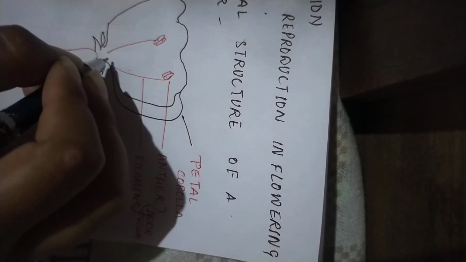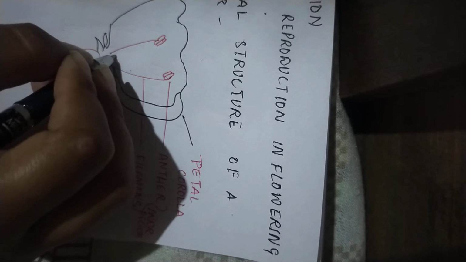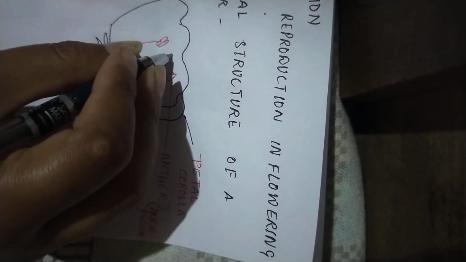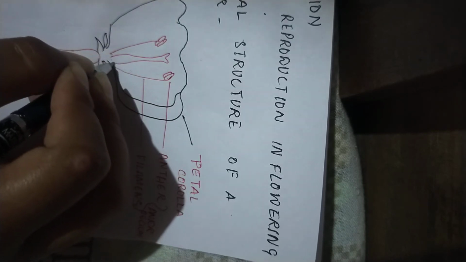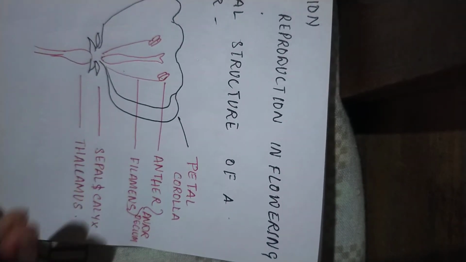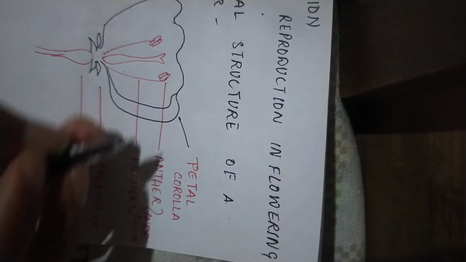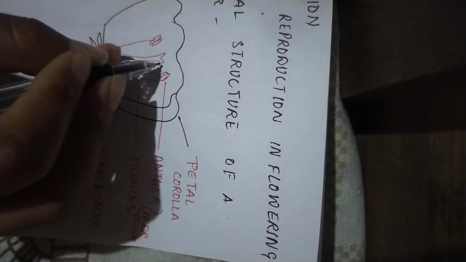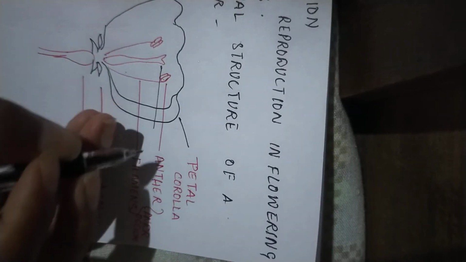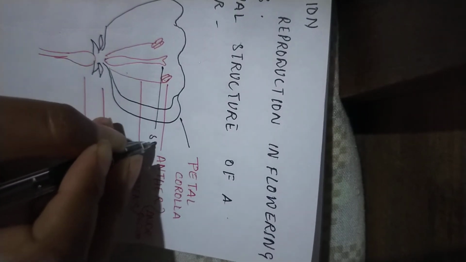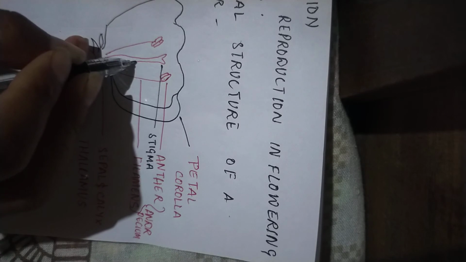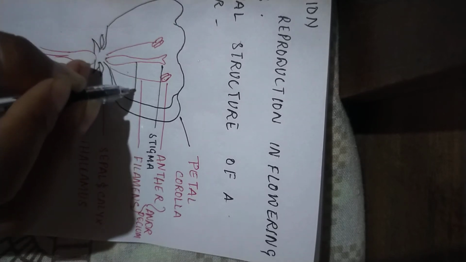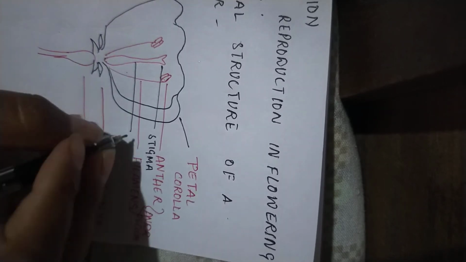The fourth whorl of a flower is the pistil. The upper part of the pistil is known as the stigma. Then the stalk in the middle is known as the style.